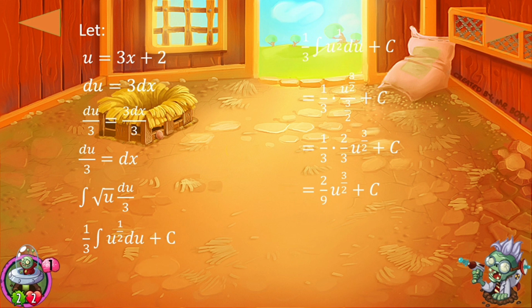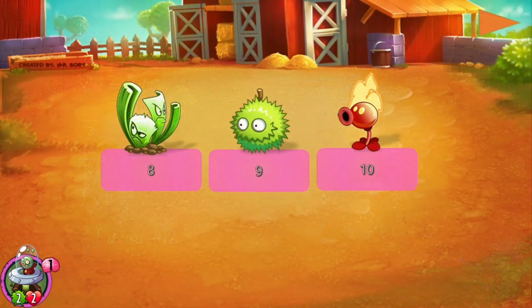Therefore, 2 over 9 times u raised to the power of 3 halves plus c. And let's put back our u, which is 3x plus 2. Therefore, the answer is 2 over 9 times (3x plus 2) raised to the power of 3 halves plus c.